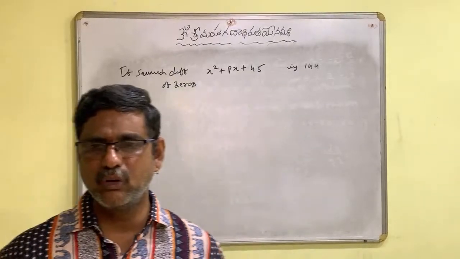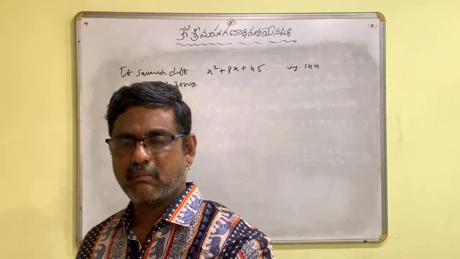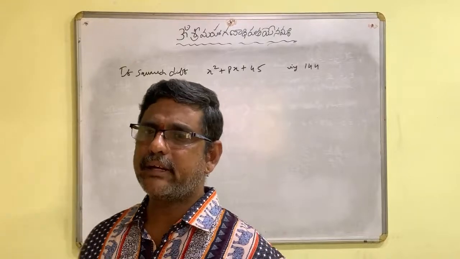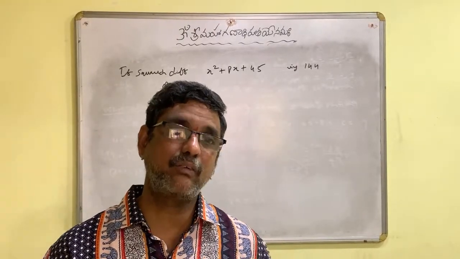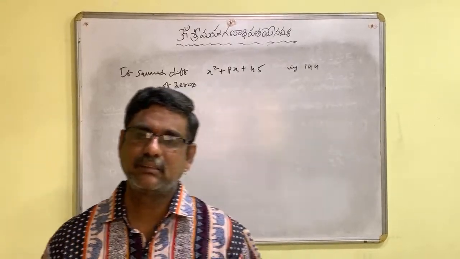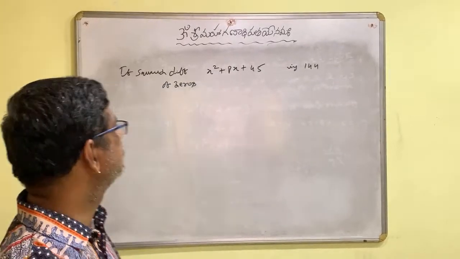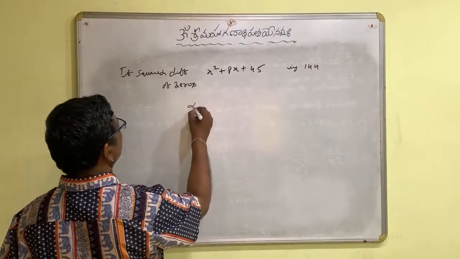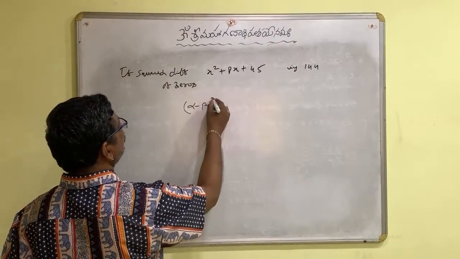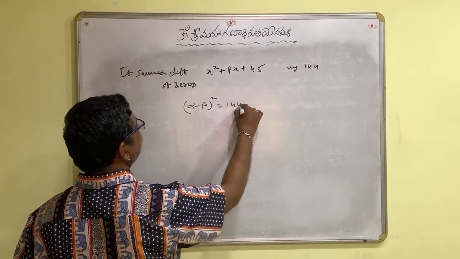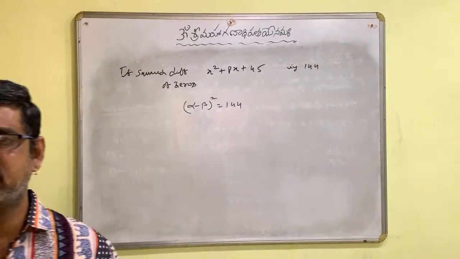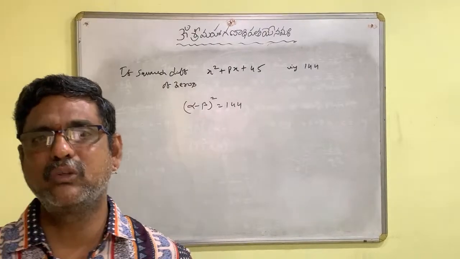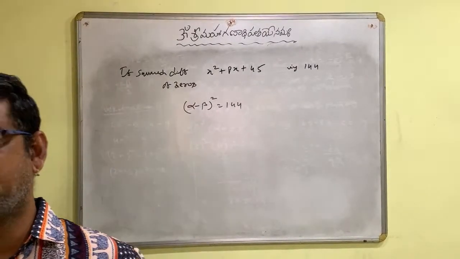Alpha minus beta whole square. Squared difference, difference of squares. Right. Alpha minus beta whole square is 144. This is clear. Alpha minus beta whole square is 144.